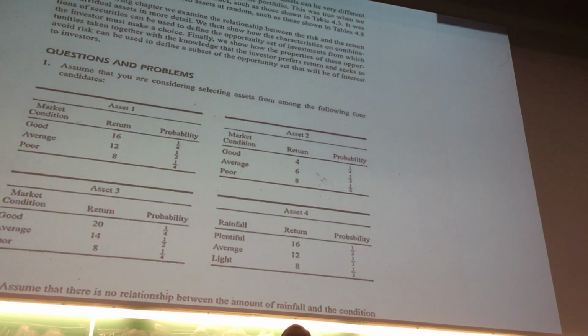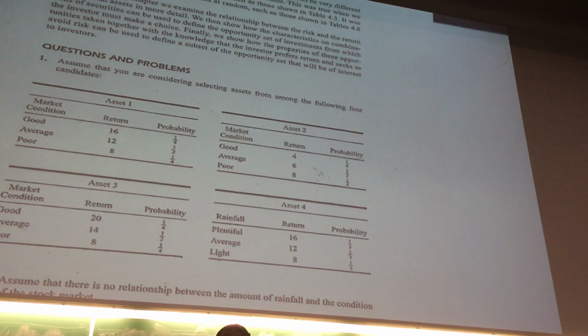So the questions are very simple. These questions are basically taken from the course textbook. When you look at the first problem, it is very simple. By using the discussion that we have had, you can always solve most of these problems.